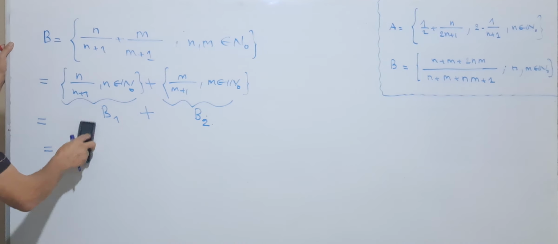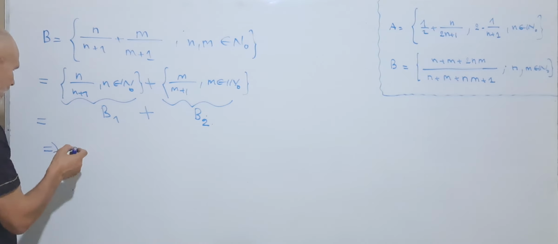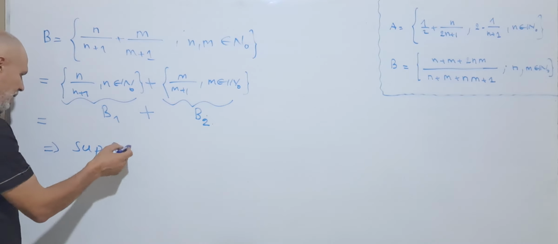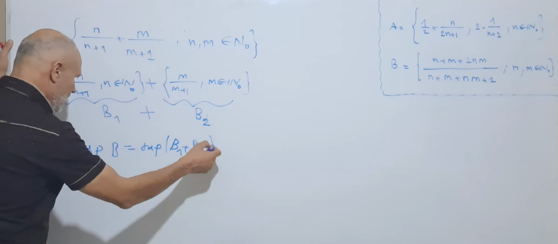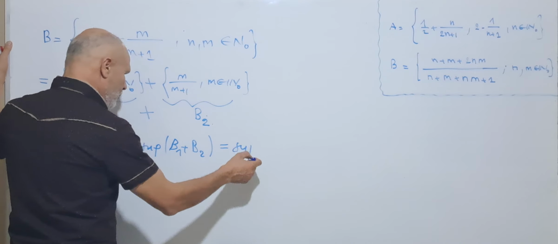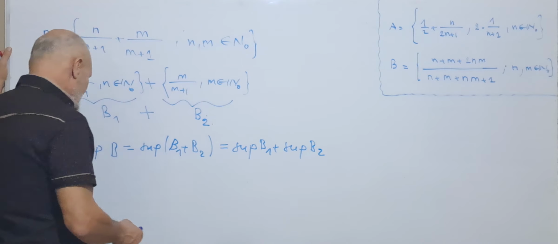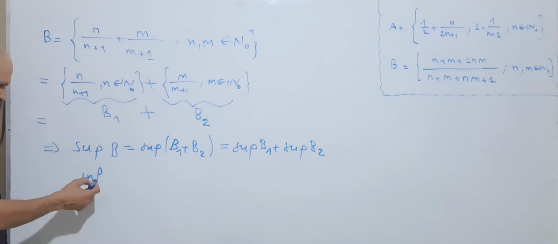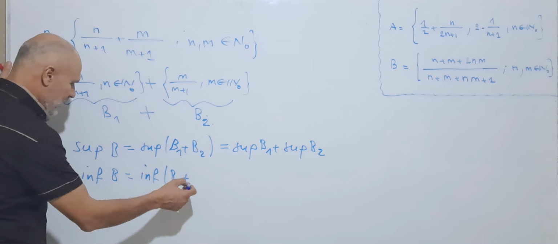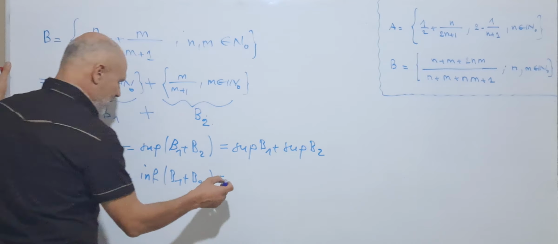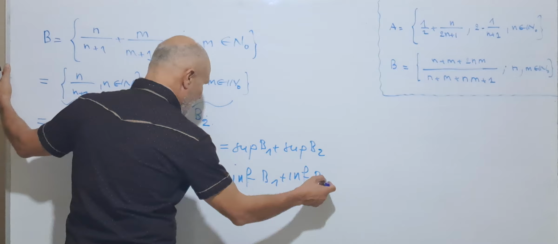So we take B1 plus B2, and the sup of B is the sup of B1 plus B2, which is equal to the sup of B1 plus the sup of B2. And the infimum of B is the infimum of B1 plus B2, which is equal to the infimum of B1 plus the infimum of B2.